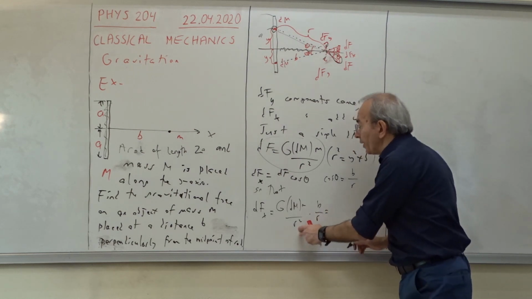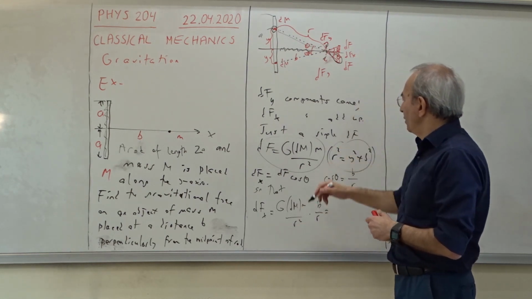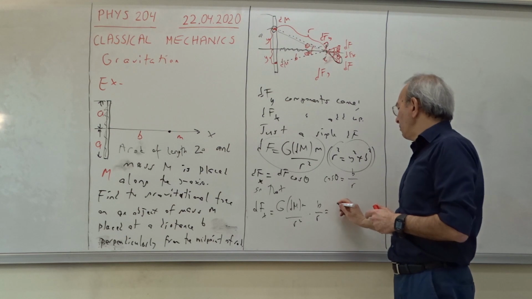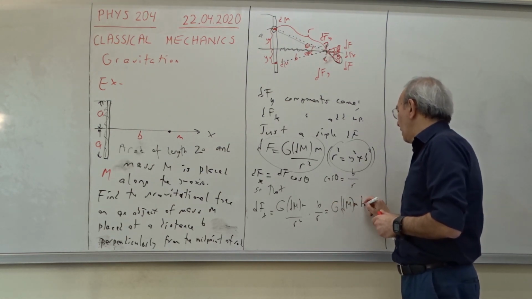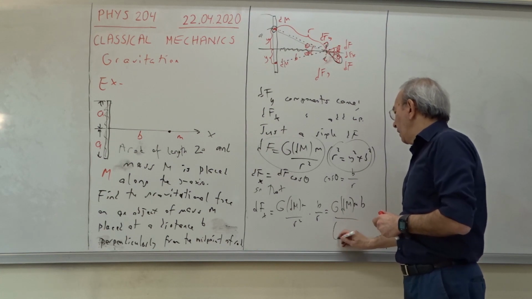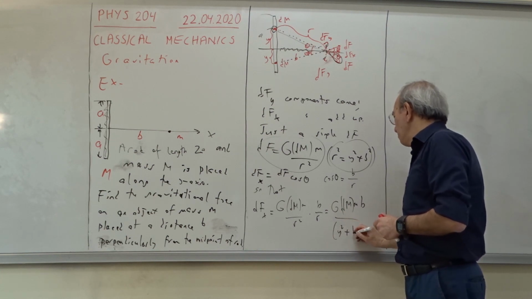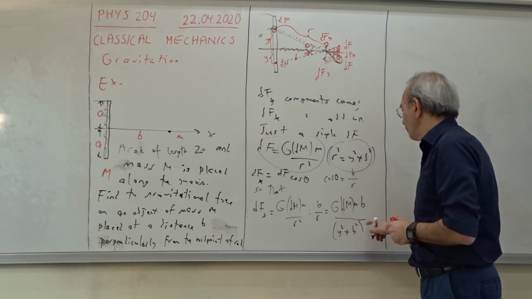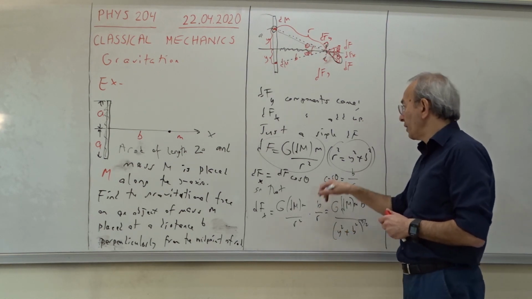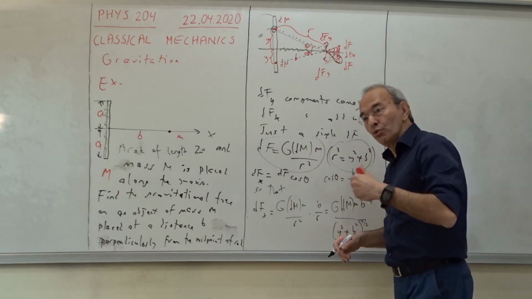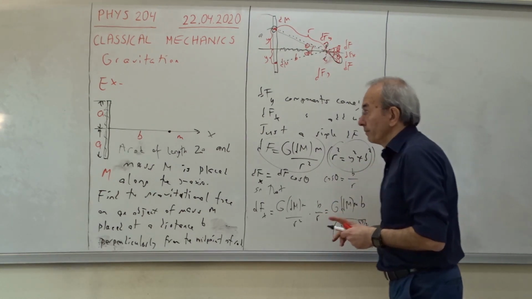If you write r in terms of the given parameter b, it will be capital G dm times m times b divided by y squared plus b squared to the power of 3/2. Because r cubed, r is the root of that, its cube will be to the power of 3/2.